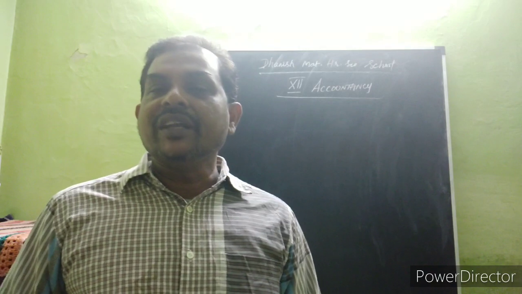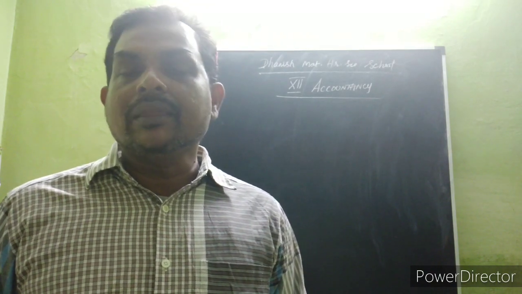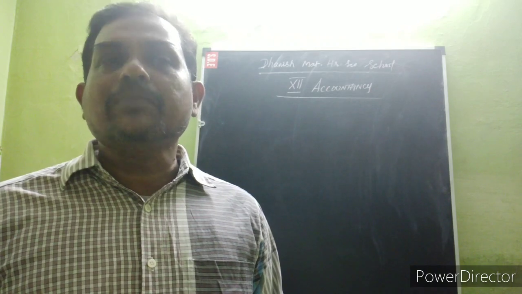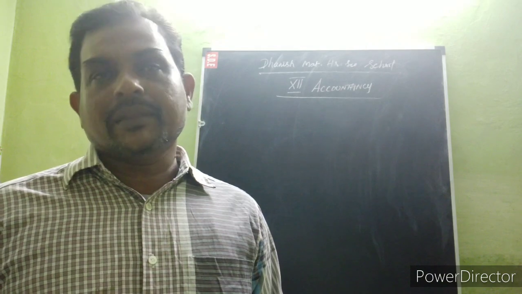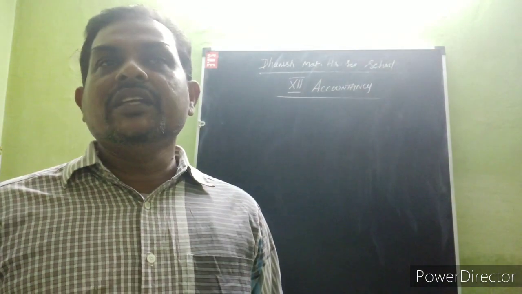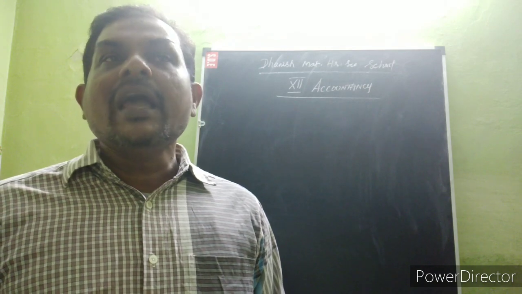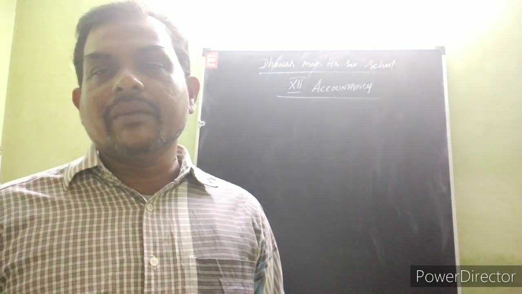Under the calculation of interest on drawings, we have already completed 2 methods. One is direct method and number 2 is product method. Now I am going to teach you how to calculate interest on drawings under average period method. This is a very important method.